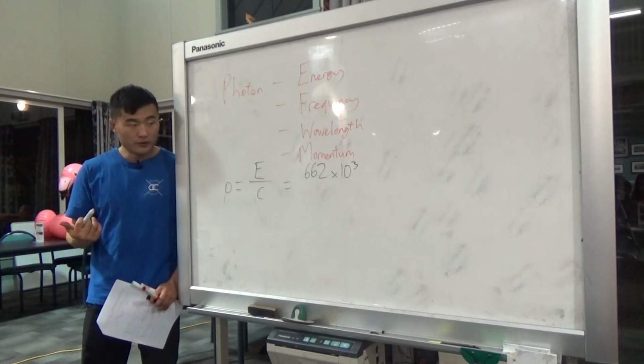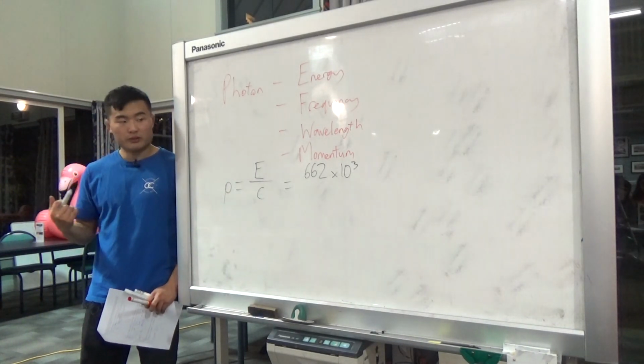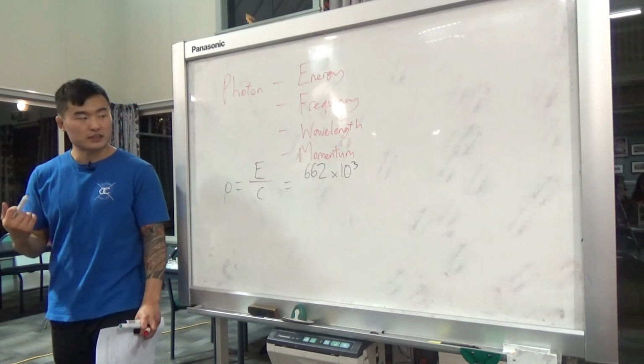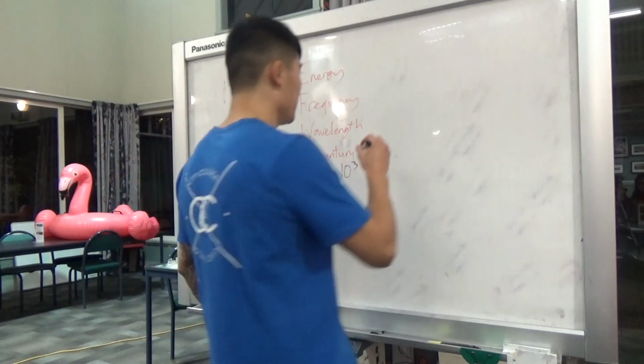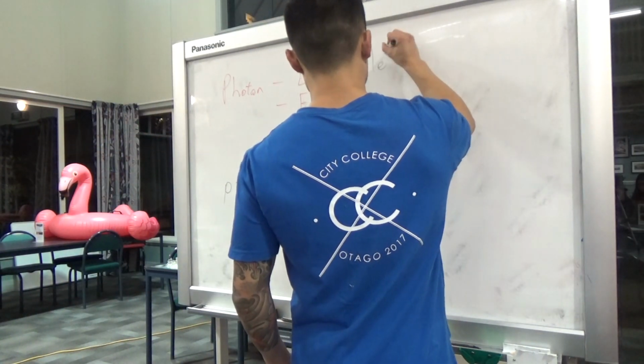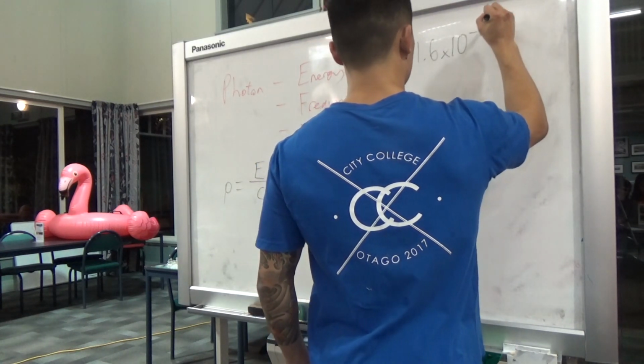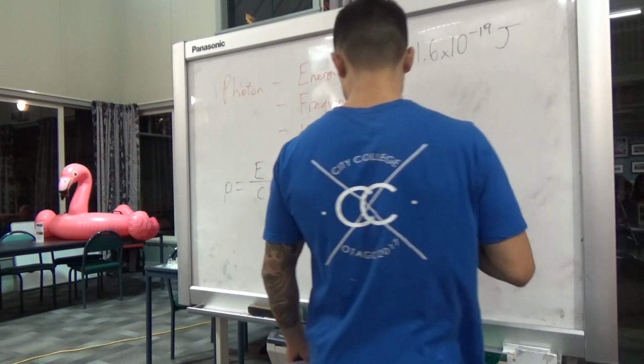But in order to convert, we need that energy in joules, not electron volts. 1 electron volt is equal to 1.6 times 10 to the negative 19 joules.